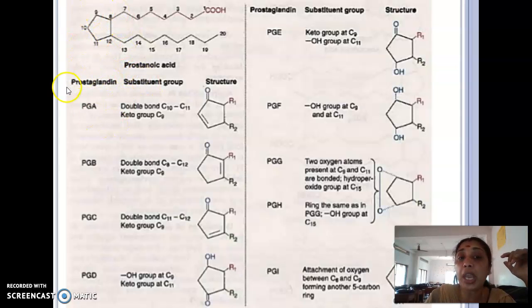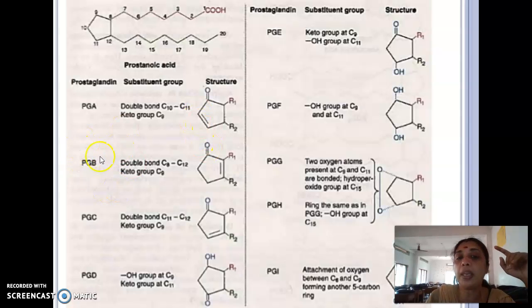So in case of PGA, the modification is that it has a double bond on the 10th carbon atom, and there is a keto group on the 9th carbon atom. Right, this is C8, 9, 10, 11, and 12. So in case of the PGA family, there is a double bond on the 10th carbon atom, or in between 10 and 11, and there is a keto group on the 9th carbon atom.